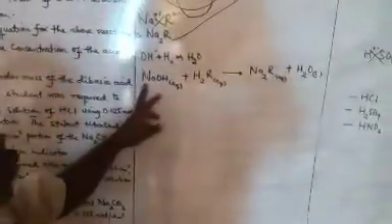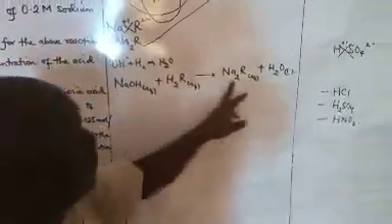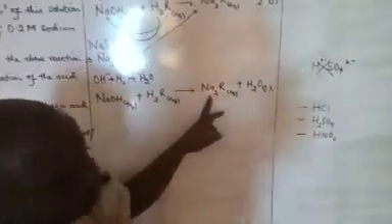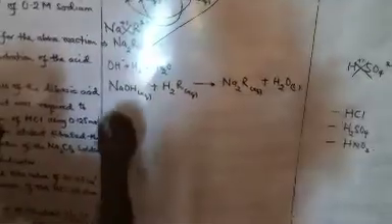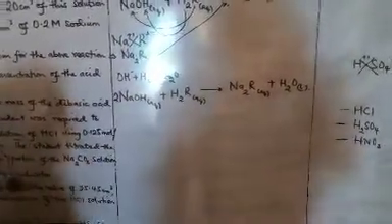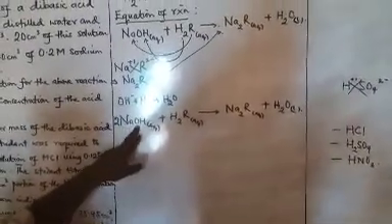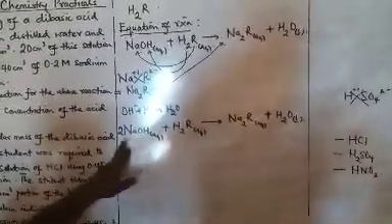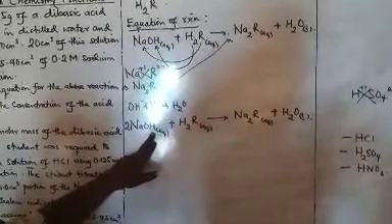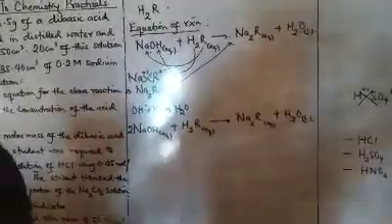So from there, let's take it gradually. 1 atom of sodium, 2 atoms of sodium here. So there is a problem. So all I need to do is put 2 here for sodium, so that this reads 2 moles of sodium hydroxide. And if you want to break it down, that means 2 atoms of sodium, 2 atoms of oxygen, and 2 atoms of hydrogen. Now, let's go to the other side to see what we have.